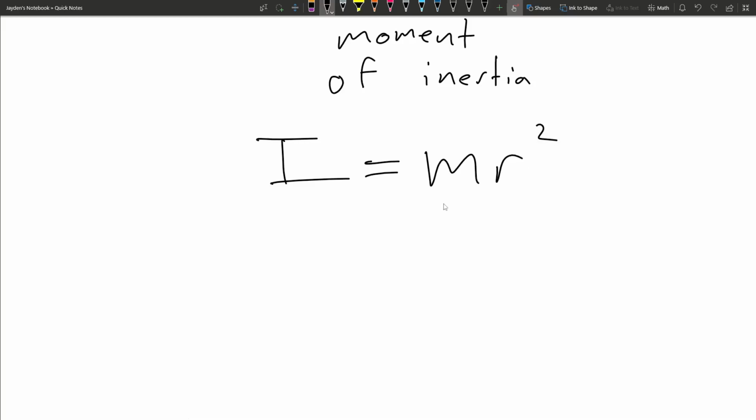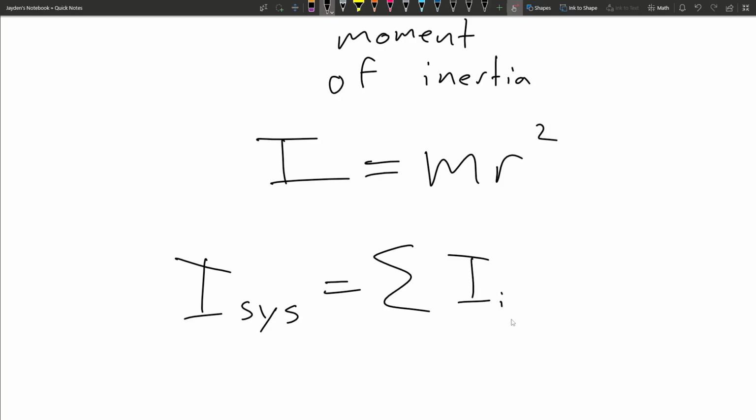However, point masses don't show up that much in the world because we usually have multiple things. So the I of a system is equal to the sum of all the individual I's.